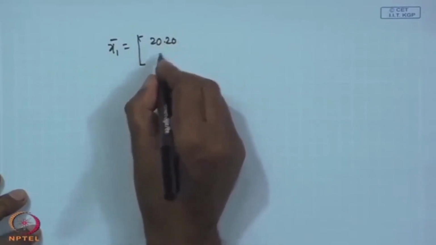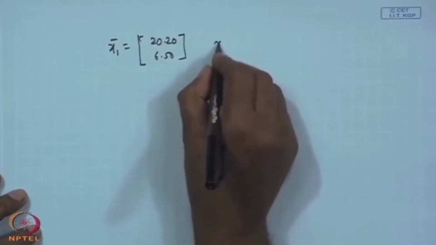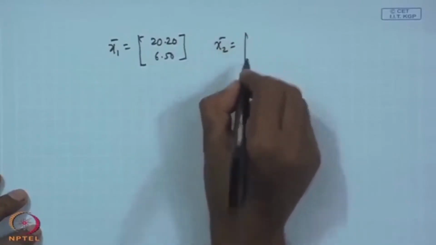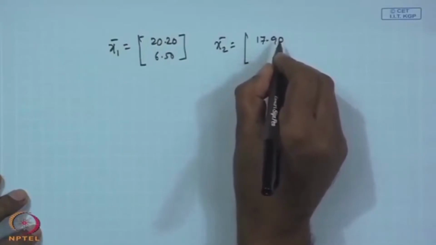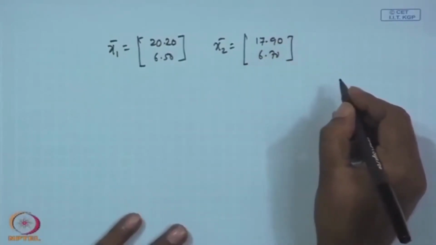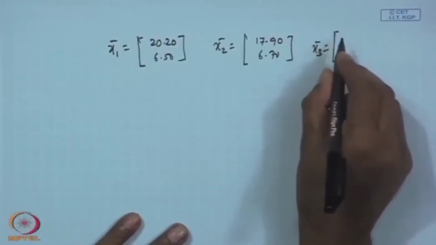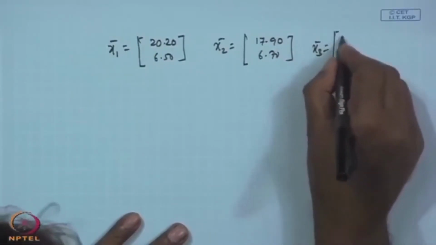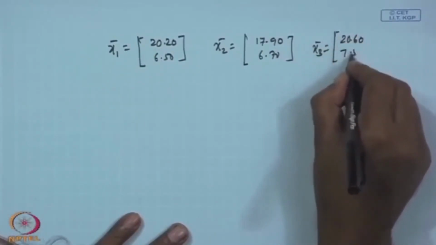For process B it is 17.90 and 6.70. And for process C, that is x3 bar, this is 20.60 and 7.50.